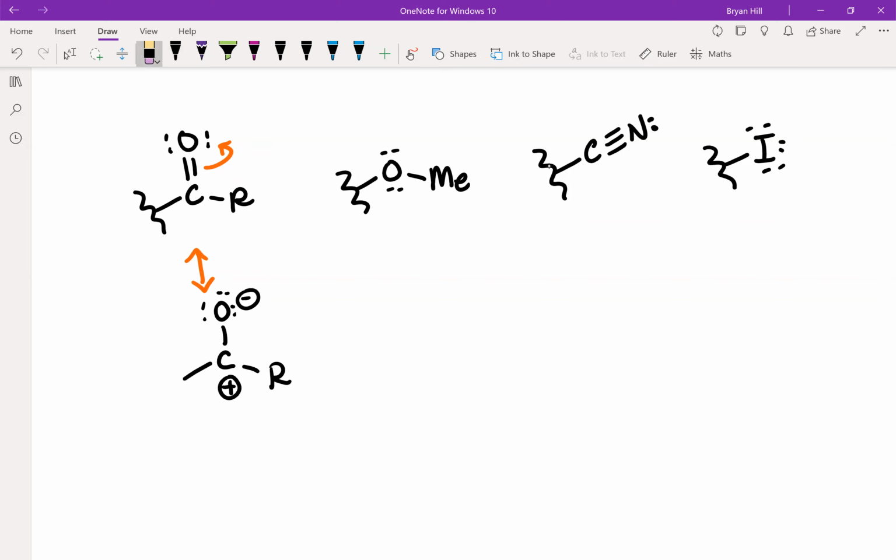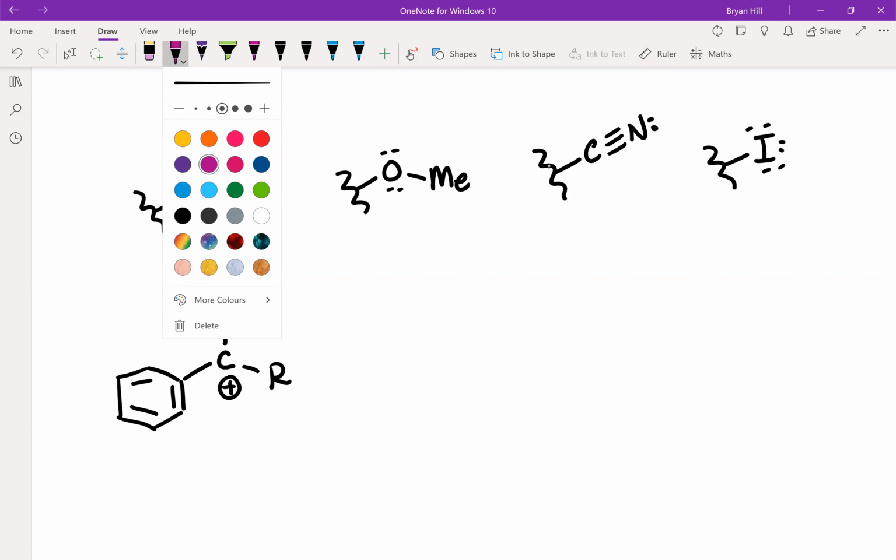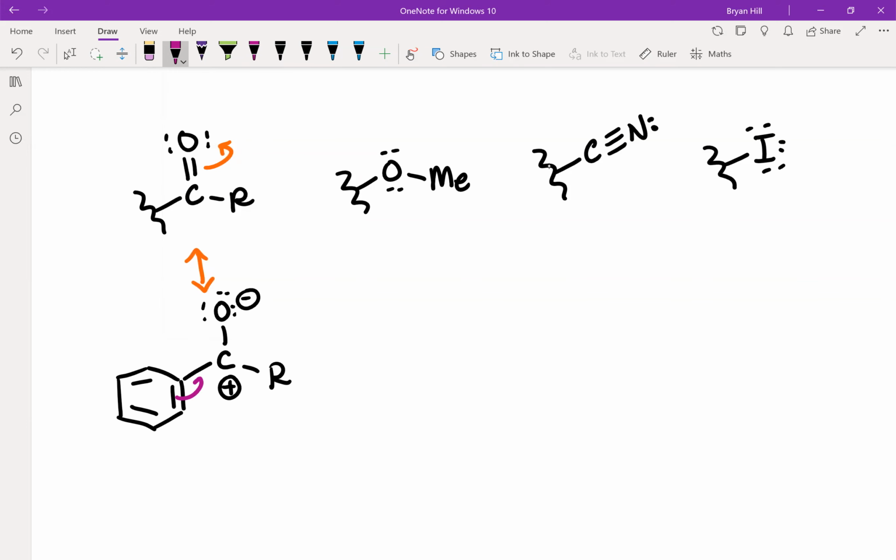And actually, let's draw the ring here just for a second. If you've got a positive charge beside this ring, there's going to be a resonance structure where you move that positive charge into the ring.